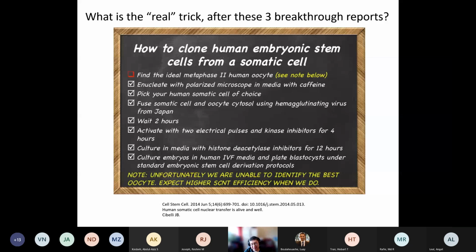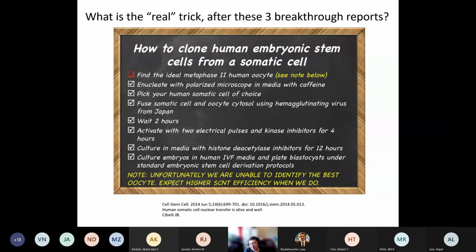But they still couldn't figure out exactly what is going on, because some of the younger women still couldn't give an ideal oocyte for reprogramming purposes, while some of the older ones can still give a pretty good oocyte. So generally speaking, the younger one works better, but they still couldn't figure out the critical factor, how to select the oocyte so that you can have a better chance of success.